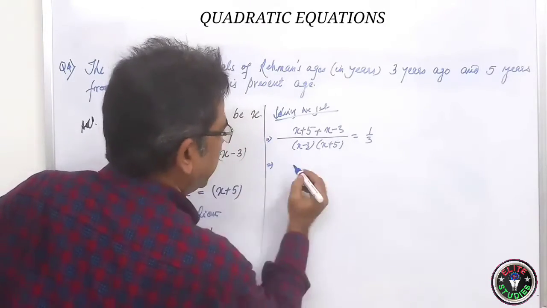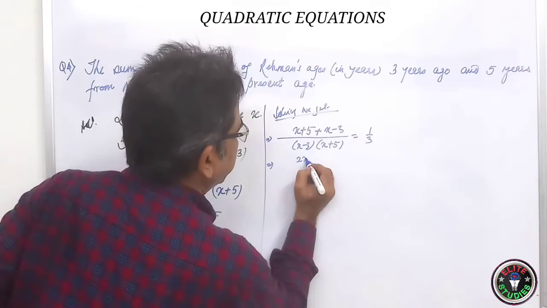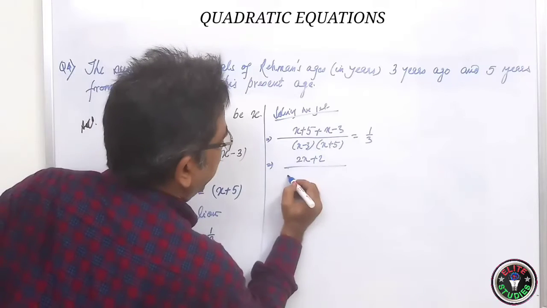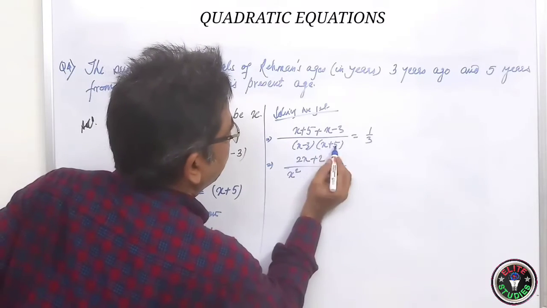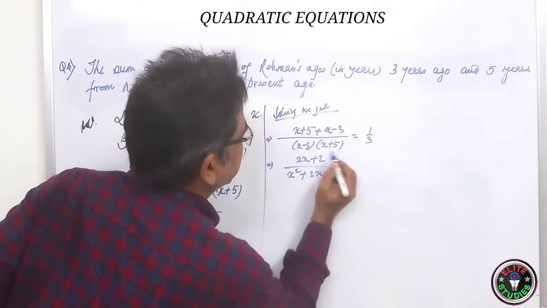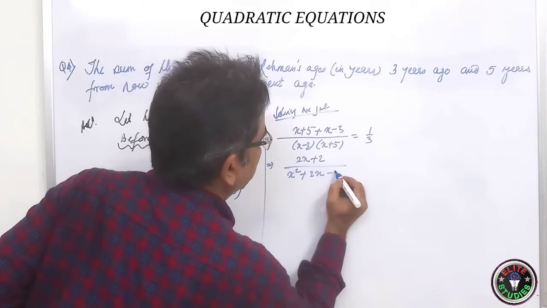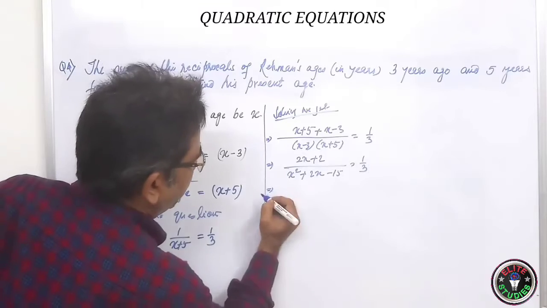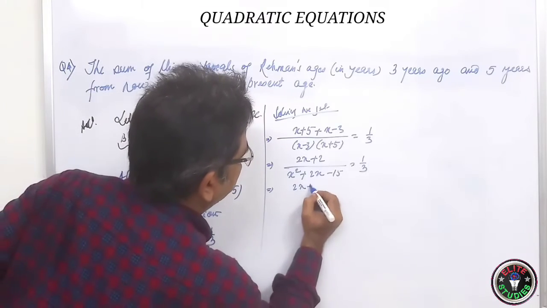So it will be what? In the denominator, x square plus 5x minus 3x minus 15, equal to 1 by 3. So this implies 2x plus 2.